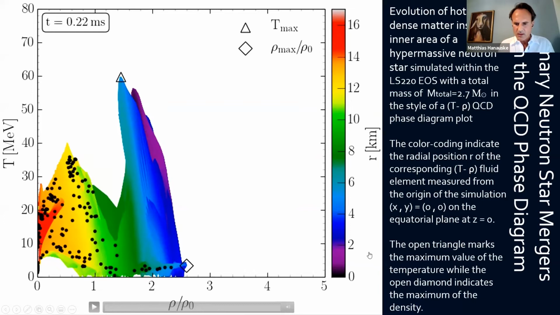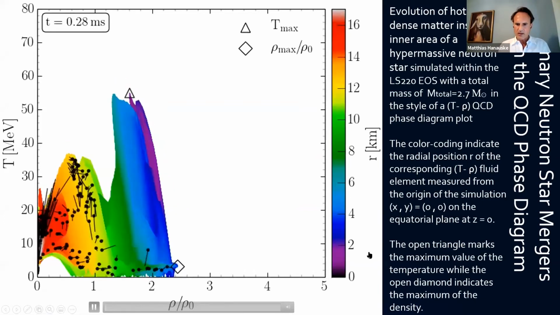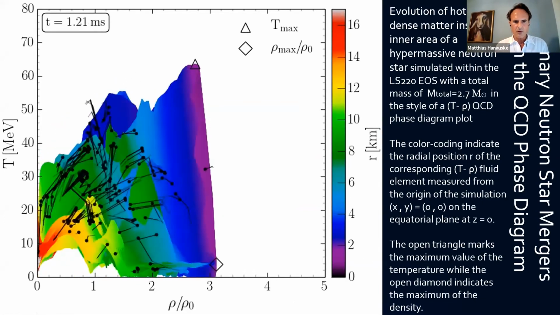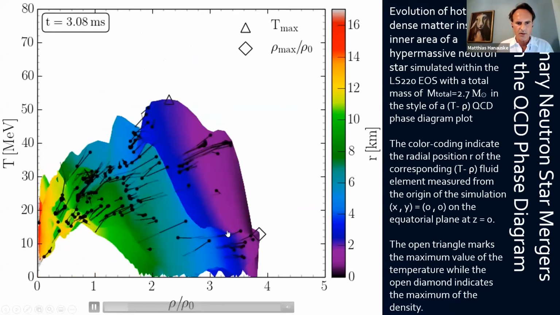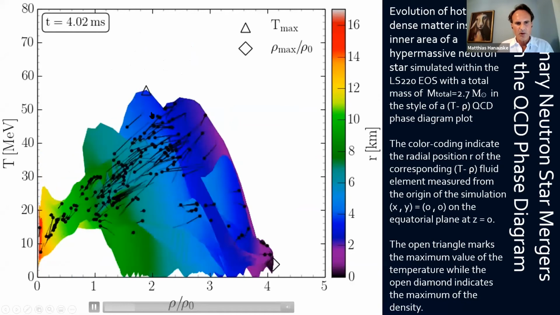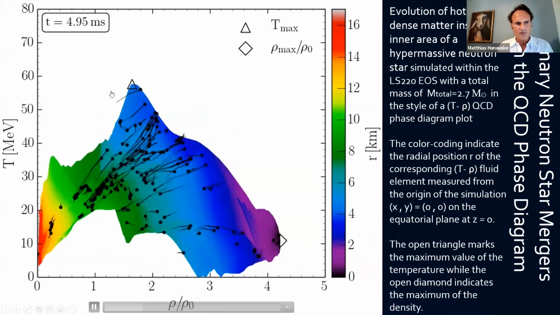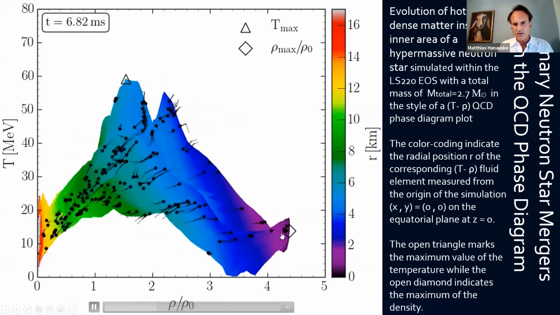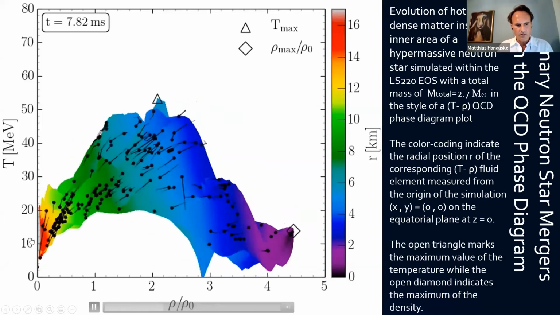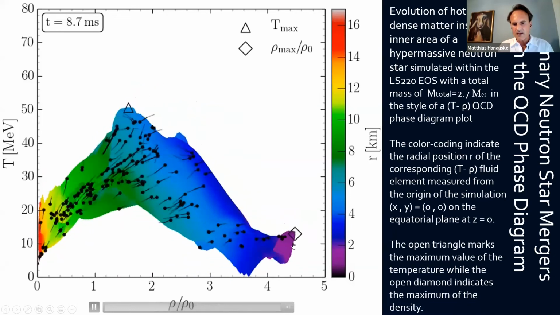So now looking at the same simulation in this T versus rho diagram. This is the wild post-merger phase, the transient post-merger phase. It populates up to 50 MeV, 60 MeV, and the density in the interior is not so hot, as you can see, and it gets denser and denser.